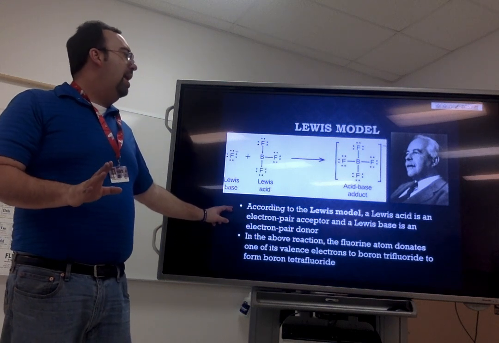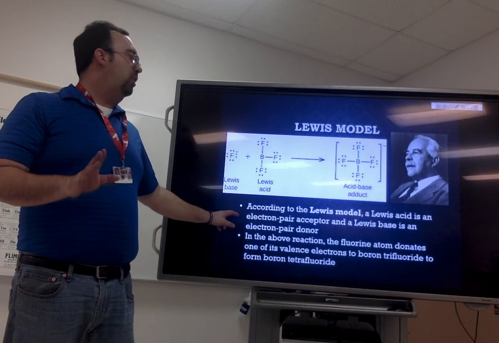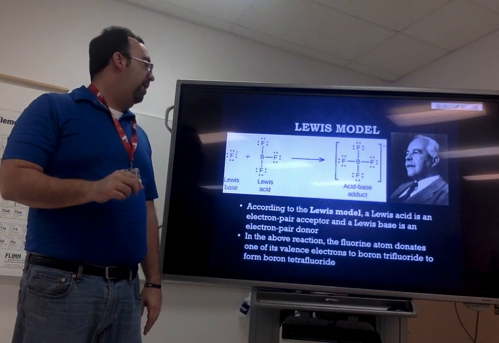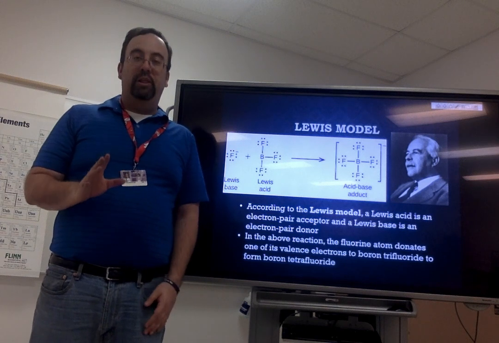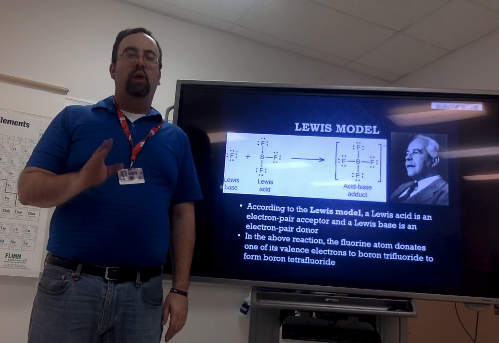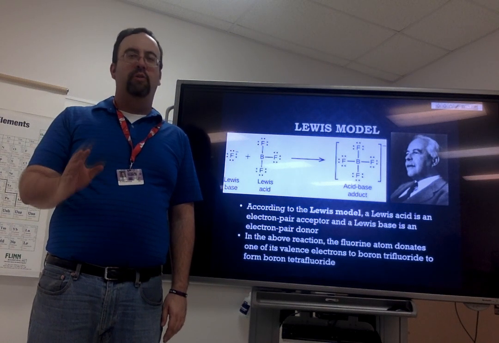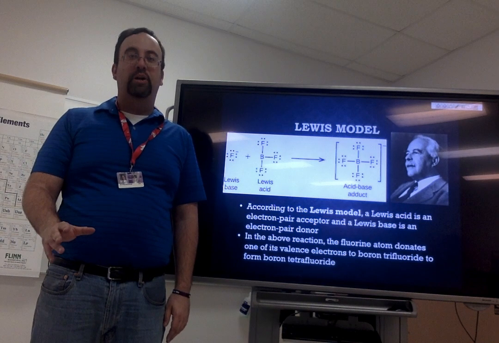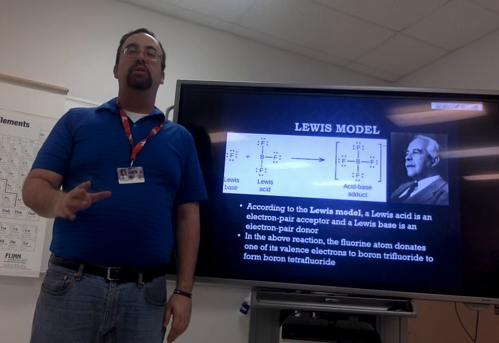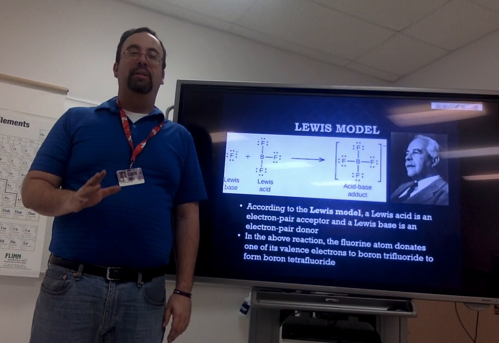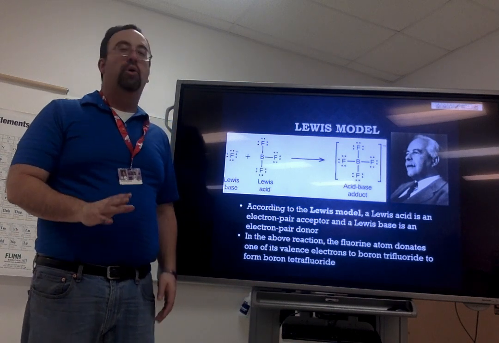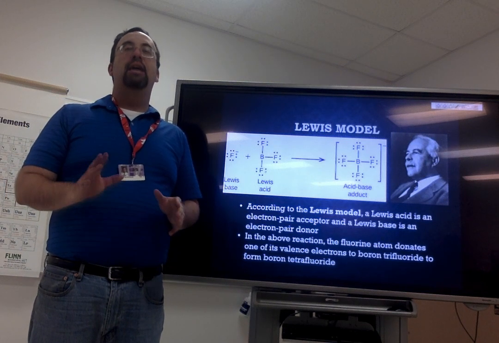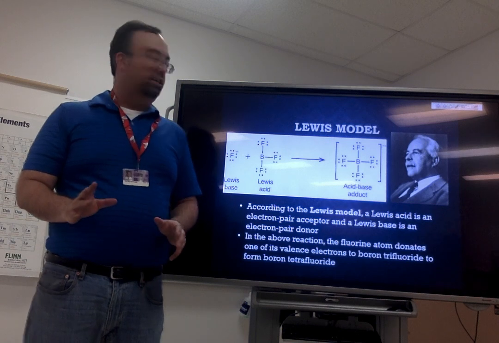According to him, a Lewis acid is an electron pair acceptor, whereas a Lewis base is an electron pair donor. For those of you who are going to be interested in a medical career in the future, one of the prerequisite classes you'll need to take is organic chemistry. You will be using Lewis acids and bases predominantly in that class, so I'm just giving you a heads up now. You will be seeing this concept again if you decide to take OChem in college.